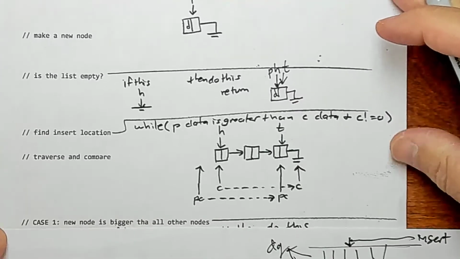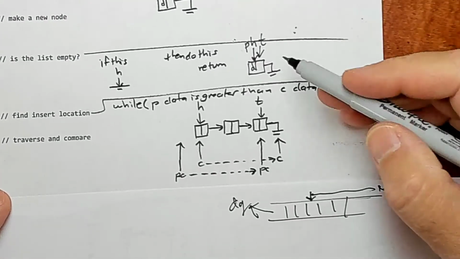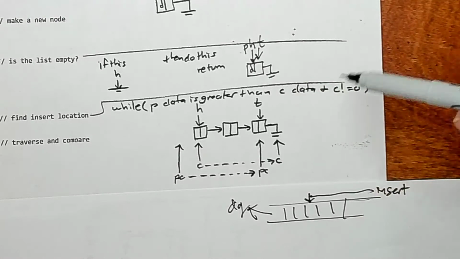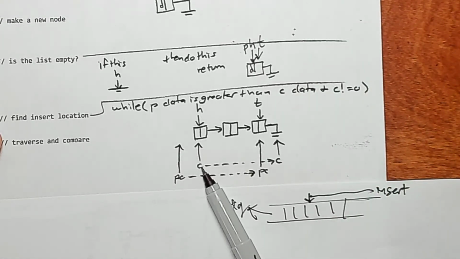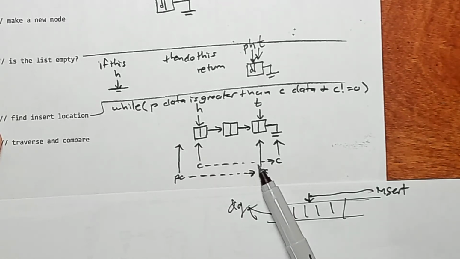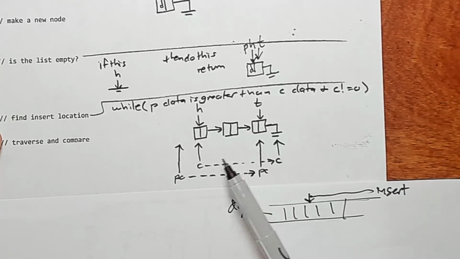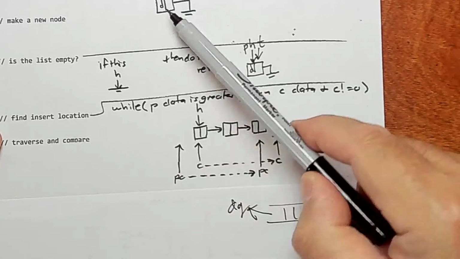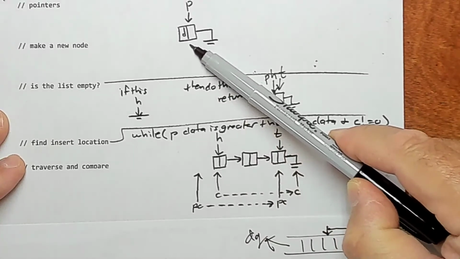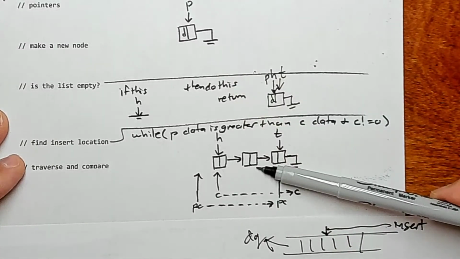Okay, otherwise we have to do this. If we have more than nothing, do this. So I'm using a cursor and a precursor, and I'm walking down until I find the location, while P data is greater than C data, right?